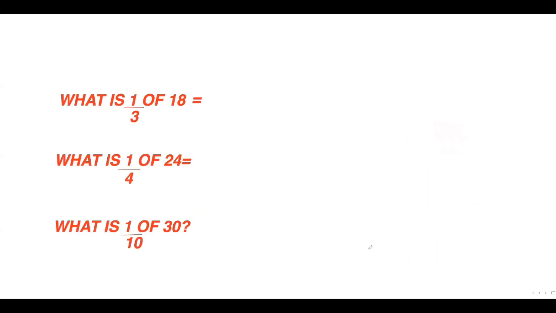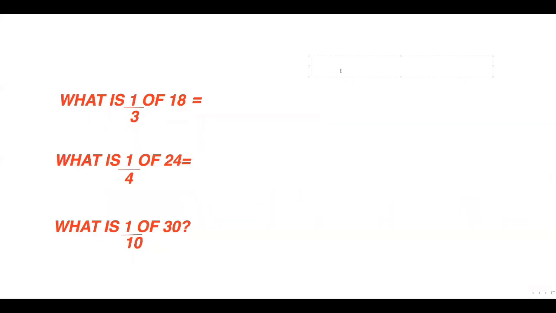Okay, now it's the same thing we did earlier on, but this time it's in words. So what we have here is: what is 1/3 of 18? Now I'm going to teach you a few different ways.